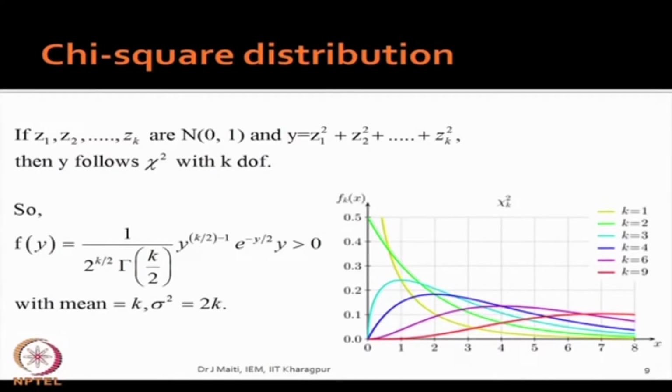Our learning is, suppose I know that there is a normal variable x, you have collected data on it, you converted it to standard normal, each of the observations is squared and you have taken a sum, and that sum you use for different purposes.